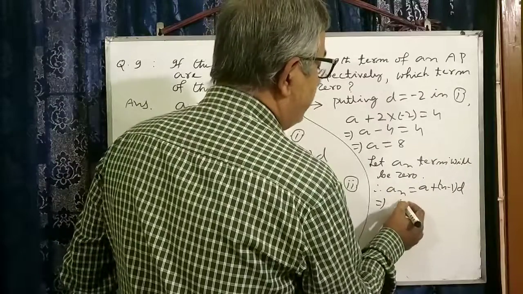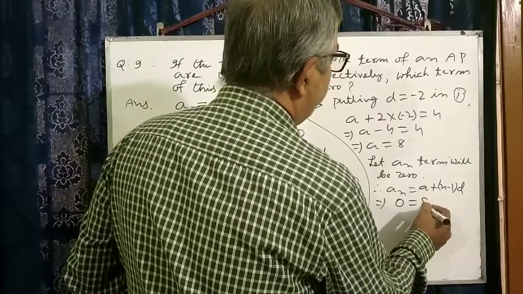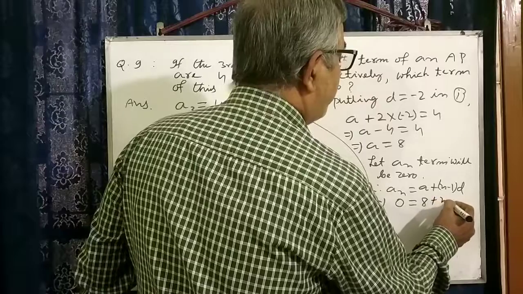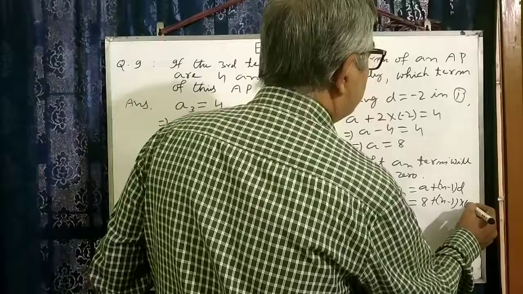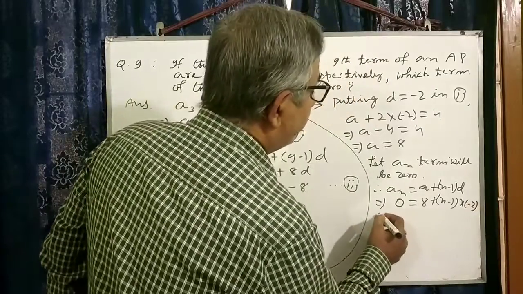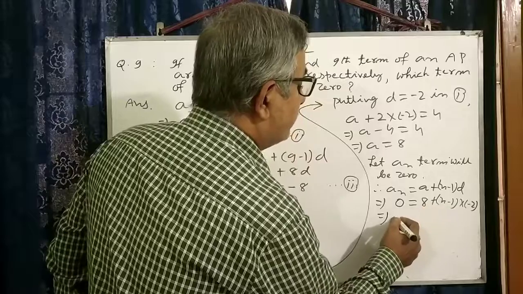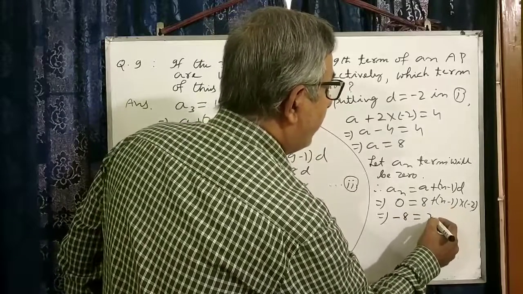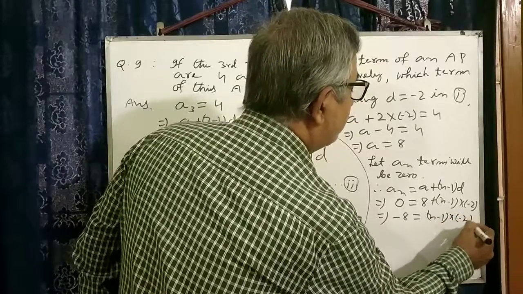So instead of an, 0 we are putting. Instead of A, we are putting 8. Plus n minus 1, n we don't know, d, instead of d, we are writing minus 2. Here you see, let this 8 come this side, so it will be minus 8. And this side will be n minus 1 into minus 2.